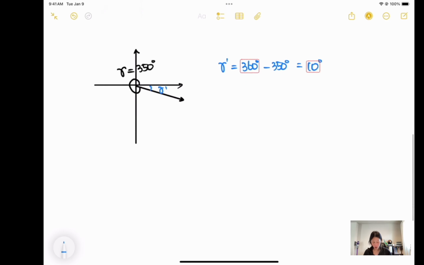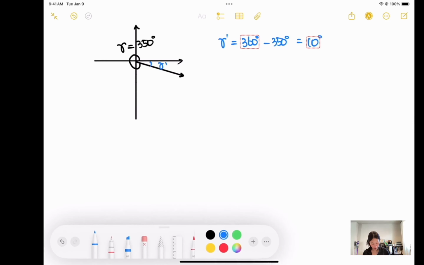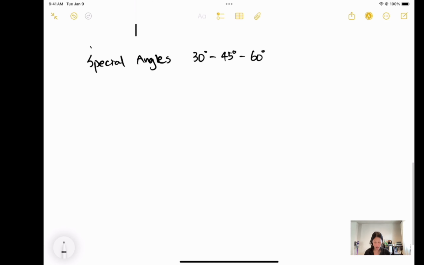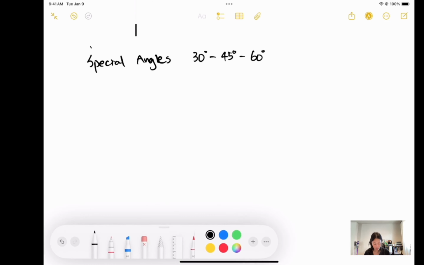Now let's look at the special angles. Special angles, you know, are the 30, 45, and 60 degree angles. Now let's start with the 45 degree.